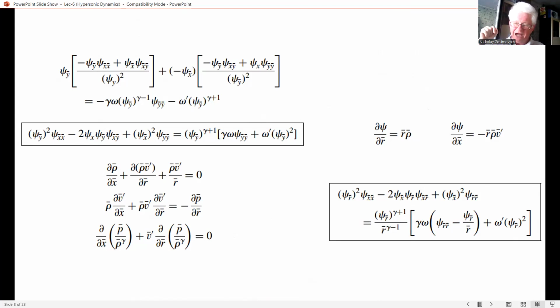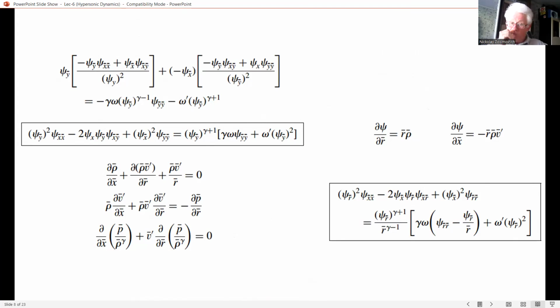And psi, I want only to remember, is the familiar azimuthal angle. Okay? For an axisymmetric body at zero angle of attack, the flow field is independent of psi and depends on x and, in our case, r only.